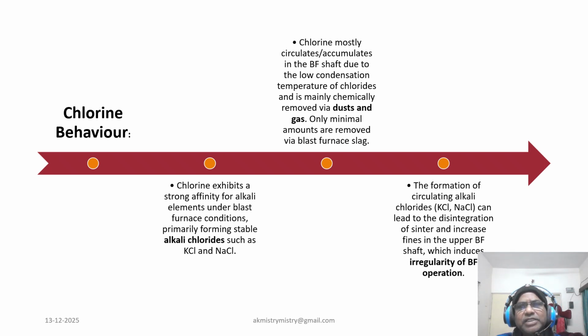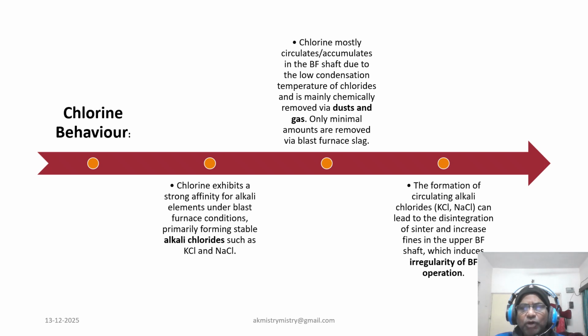This leads to increased fines in the shaft, which in turn results in poor gas permeability and a pressure loss imbalance. And once this pressure loss imbalance occurs, many irregularities arise in the blast furnace operation.